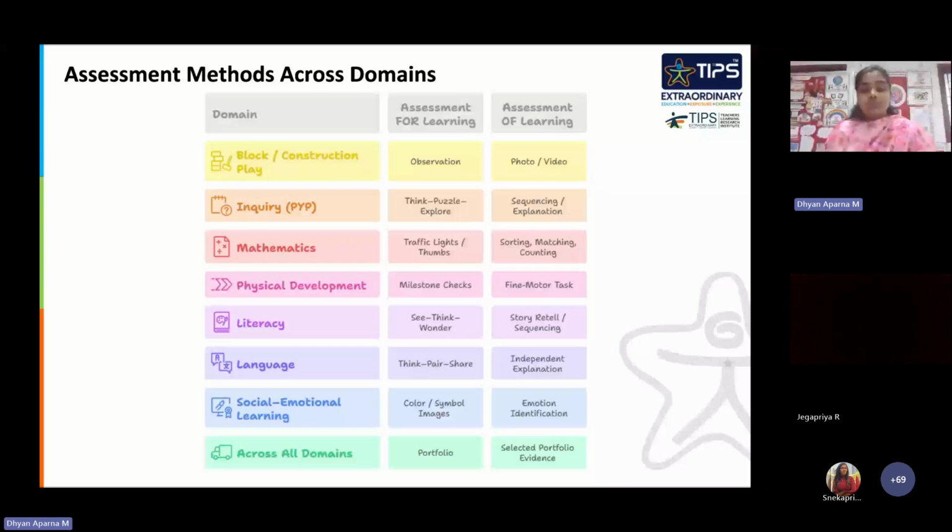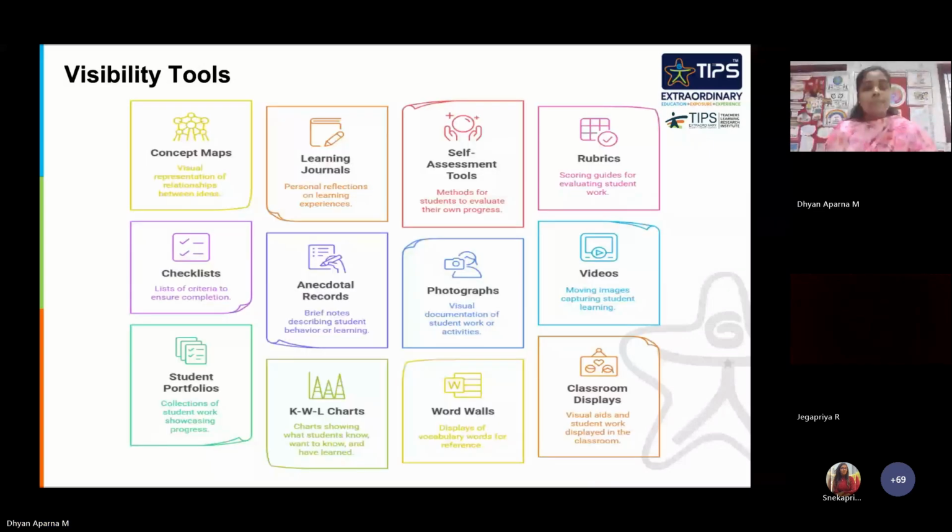Now let's take a look at this slide, that is the visibility tools. What you see here are different ways that we can collect evidence of our learners' learning. There is no single correct tool because different tools work for different purposes and different moments. For example, a concept map shows how children connect their ideas, and the learning journal captures the learner's thoughts and their own experiences.